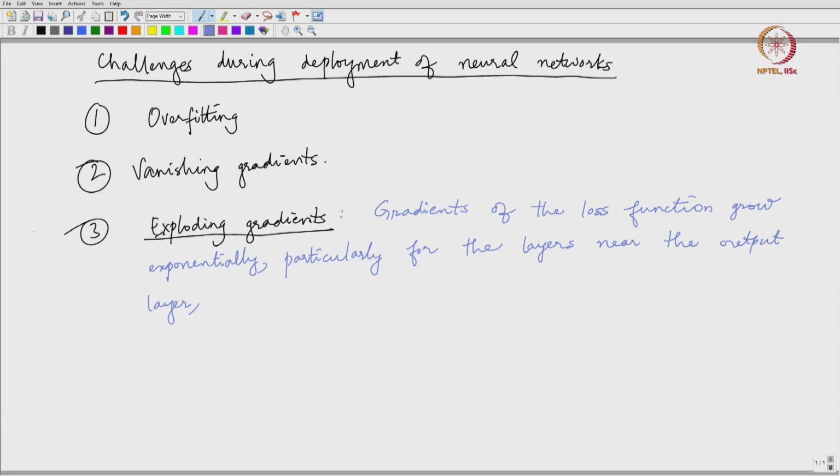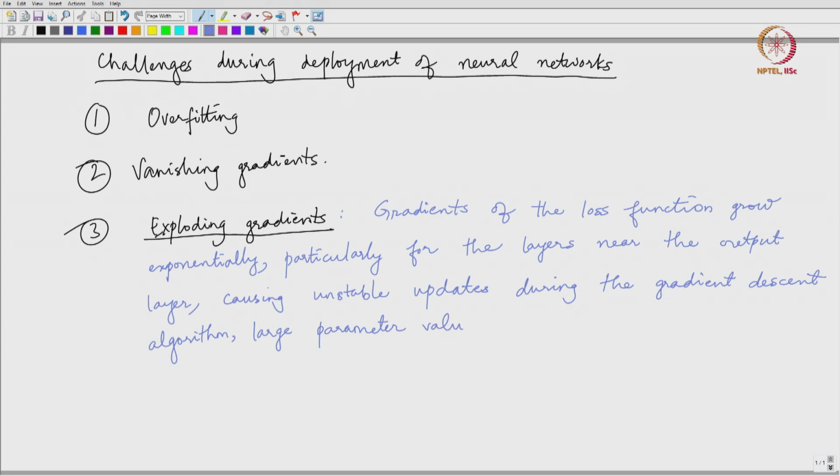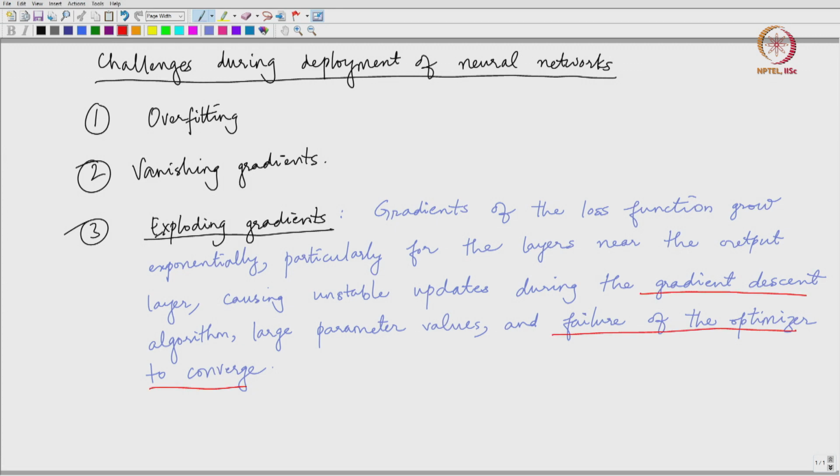That is where the vanishing gradients occurs, but this exploding gradients is more towards the output layer, and this causes, like I said, unstable updates during the gradient descent algorithm, resulting in large parameter values and failure of the optimizer to converge.